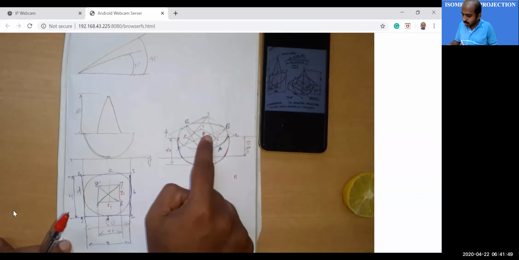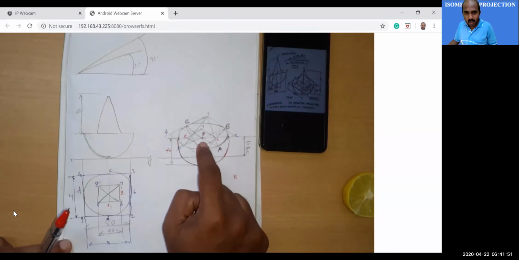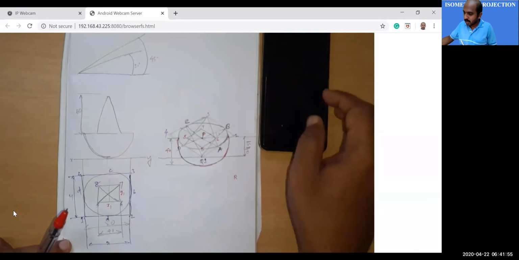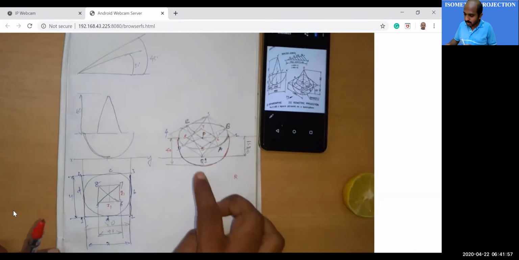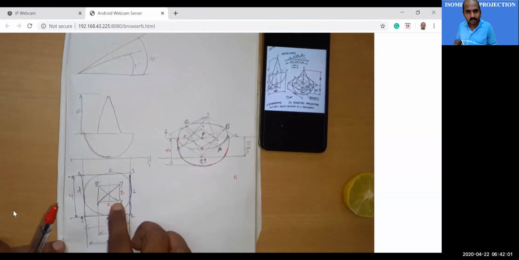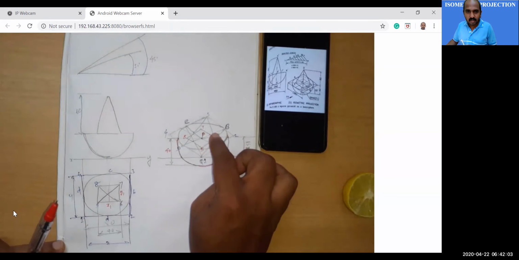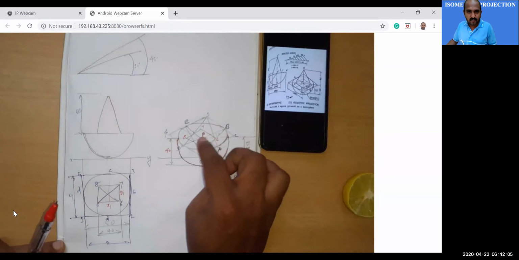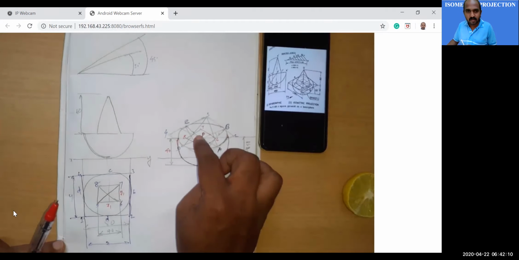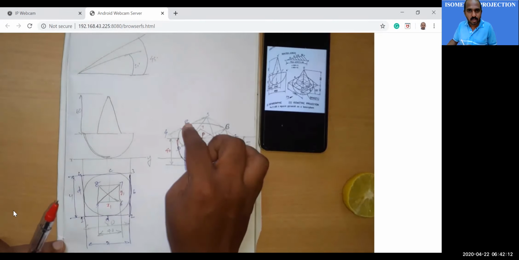Initially you mark half of the isometric length corresponding to x1. X1 means actually it is 40. So half to the right, half to the left, and half of y1 downwards, half of y1 upwards.